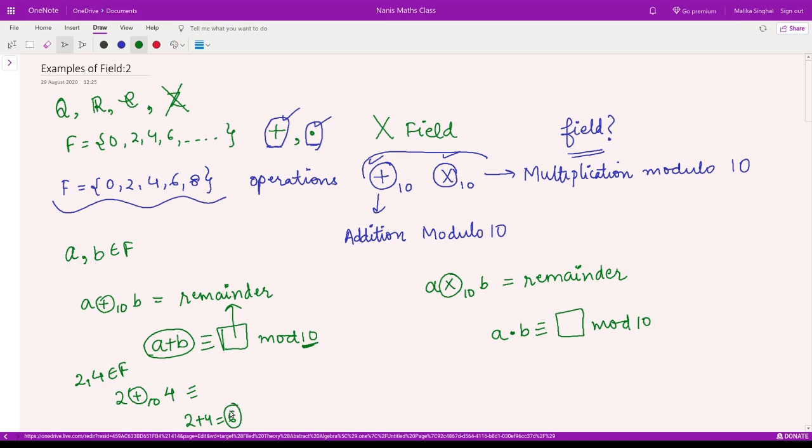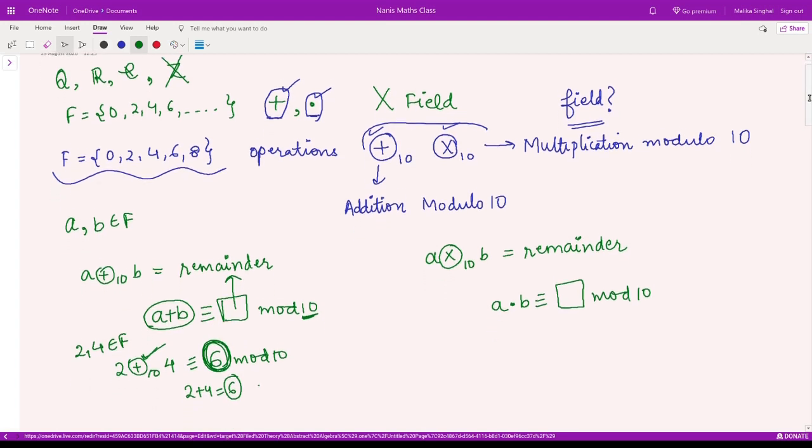If I divide 6 by 10, I get the remainder 6. So 6 is the answer, 6 mod 10. So 6 is the number that we obtain after applying this operation, right? So you got the idea of how this works.